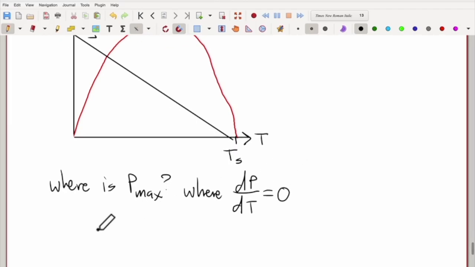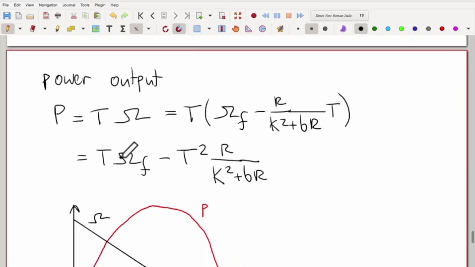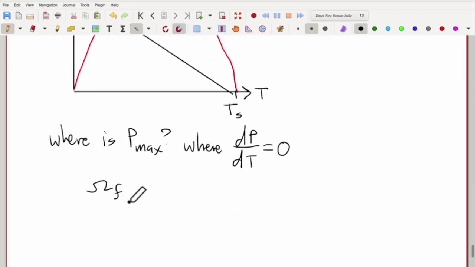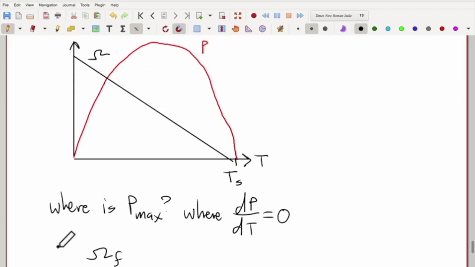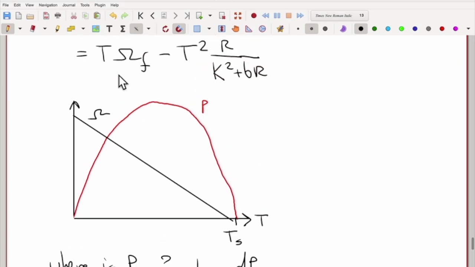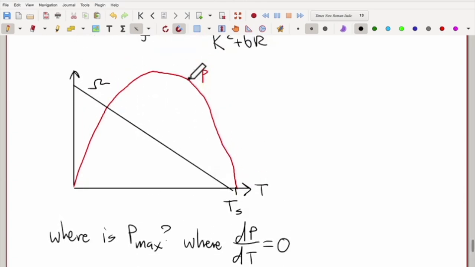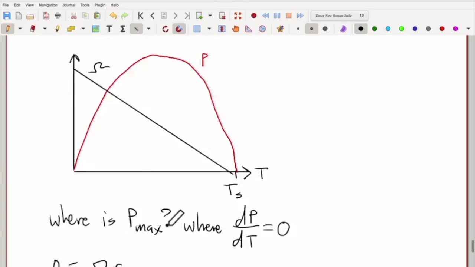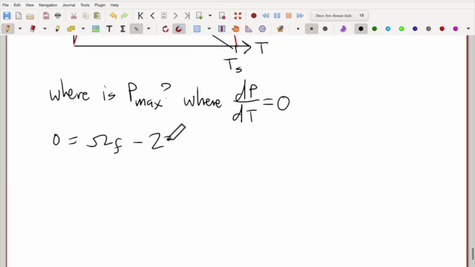So taking the derivative of this power equation by dT, we get omega F. We're going to set this equal to 0. 0 equals the derivative of this, and then taking the derivative of this, we get 2T times R over K squared plus BR, and that's equal to 0 here.